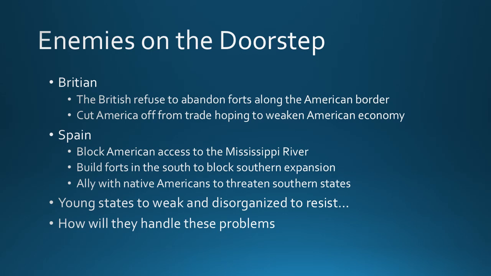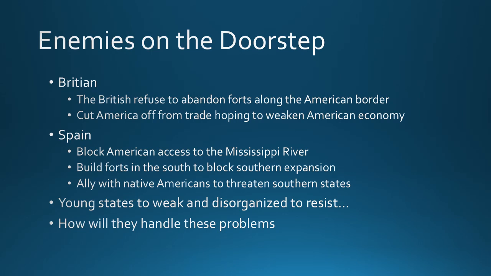America is also threatened by Spain, and now Spain controls all of America west of the Mississippi and also Florida. And Spain is hoping to block America and to increase its power on the continent. And so the first thing they do is they block American access to the Mississippi River. Basically, they say, you're not allowed to use this river.